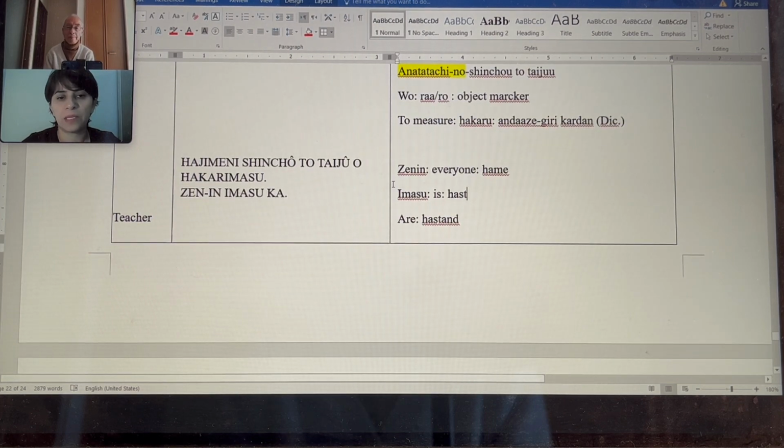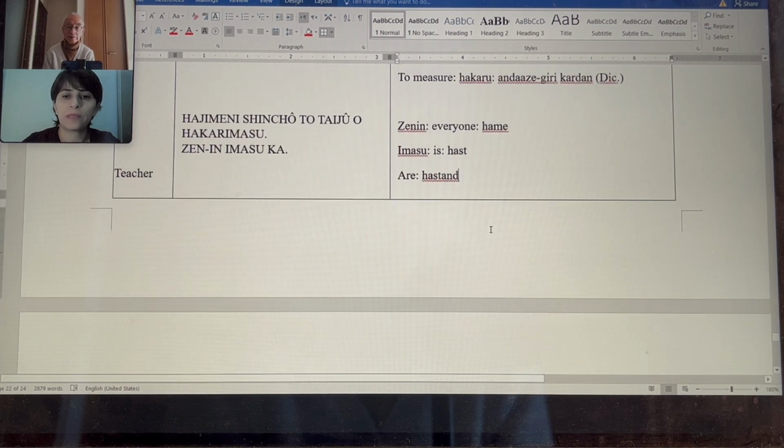The same as Japanese or English, we have two expressions. You can say here, kojā, or here, inja, or just say zenin imasu ka, zen'in imasu ka. Can you try?